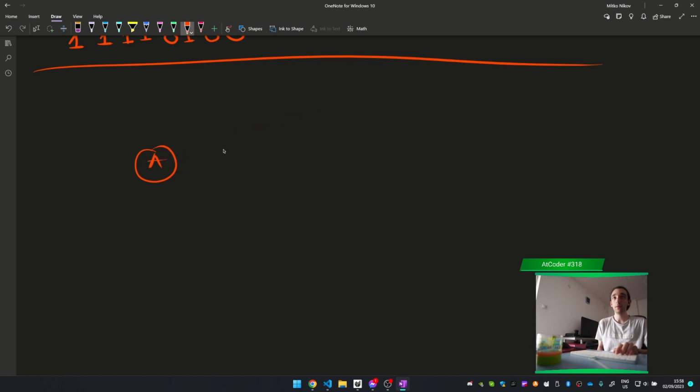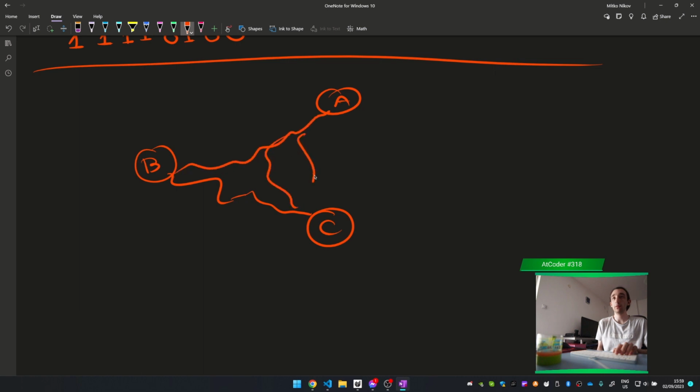But what you have is you have 3 nodes that are given: A, B, and C. And then you're given some graph, whatever, doesn't really matter. But then you want to find, is there a simple path from A to C via B? And you can model this as a max flow, and say that each edge has a capacity of 1.